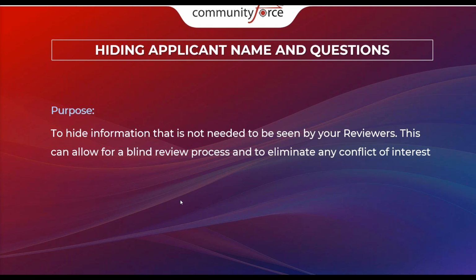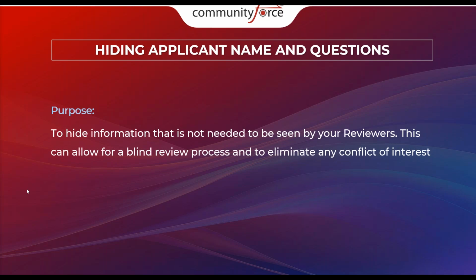So of course, the first topic we want to discuss today is going to be hiding applicant names and questions. Now, hiding applicant names and questions is beneficial if you have a review process and you do not want the individuals reviewing your applicants to know who it is that they're reviewing.